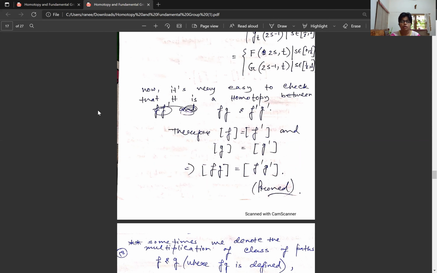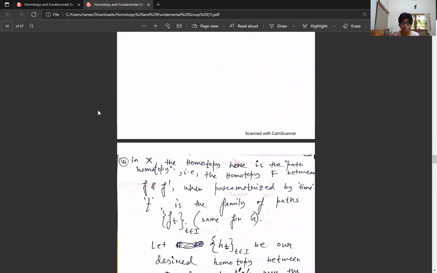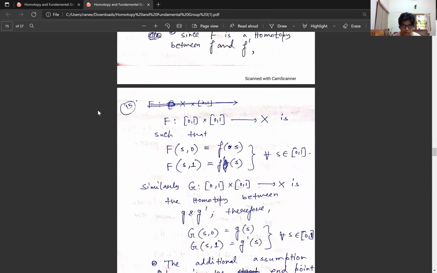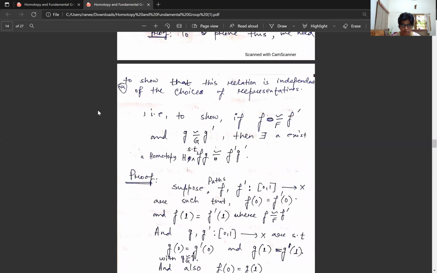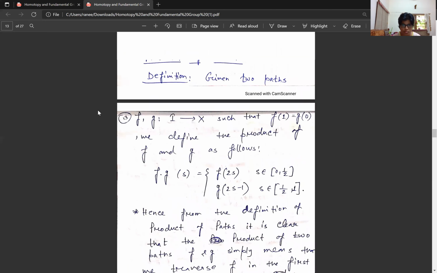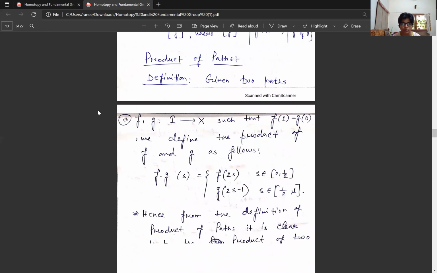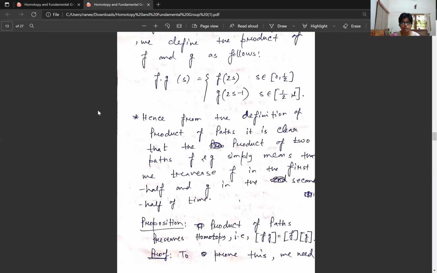And we have also seen the definition of the product of paths. Let me just recall it once again. This is the product of paths, a kind of concatenation of two paths.